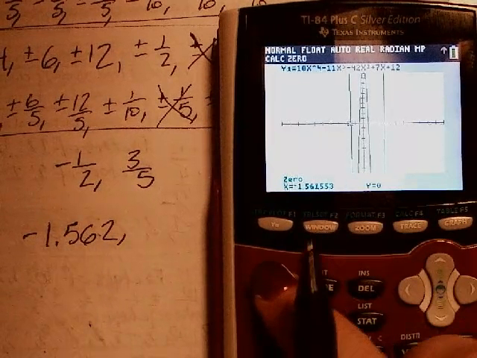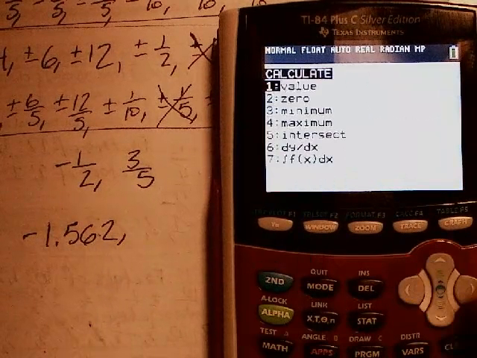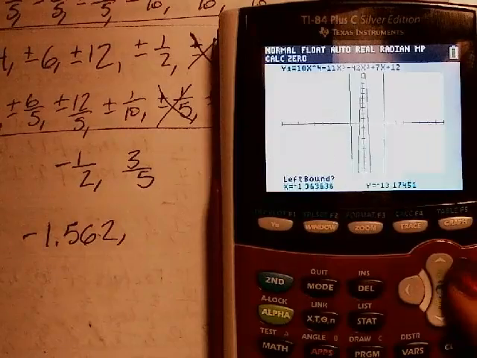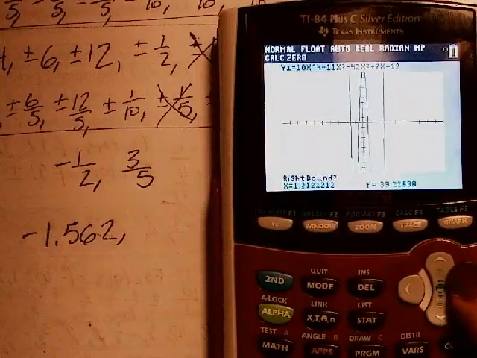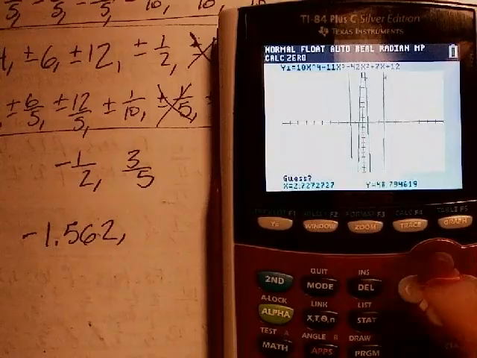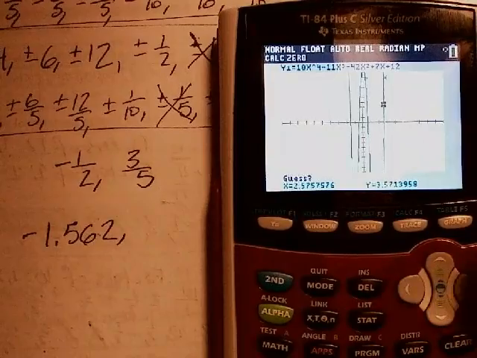And then I'm going to do the same thing for the other one. So second, trace, 0. Then I'm going to move my cursor over, but I still want it to be left of this 0 here, so I can hit enter here. And then I'm going to scroll to the right of it. So I have to go pretty far. And then I'm going to get as close to it as I can, which is there.